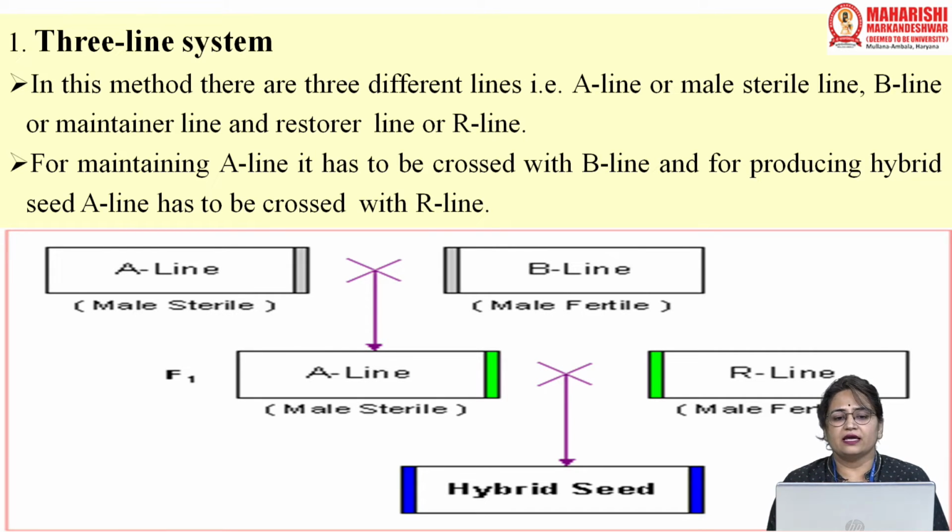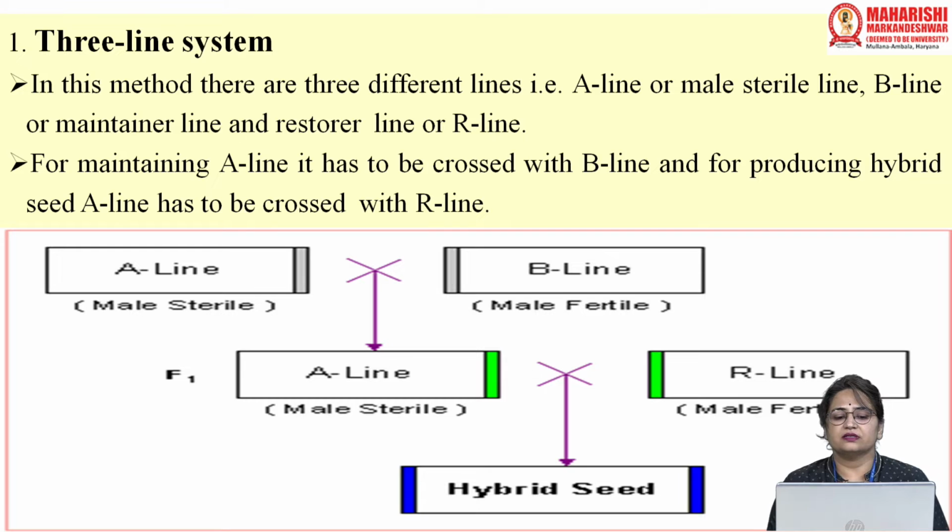So, for maintaining A line, it has to be crossed with the B line, and for producing the hybrid seed, A line has to be crossed with the R line. How do we produce the hybrid seed using the 3-line system? First, A line is crossed with the B line. When we cross A with B, we get the A line; here the A line gets maintained.